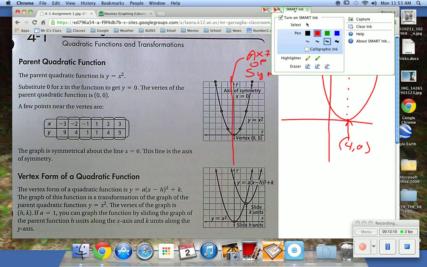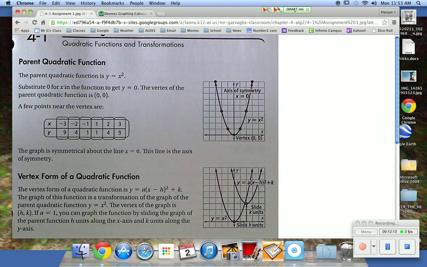Vertex. A vertex is where your line changes directions. It actually changes slope. If I take a look at my slopes here, as it gets closer to this 0 point, what's happening? My slopes are going from this direction back to this direction.